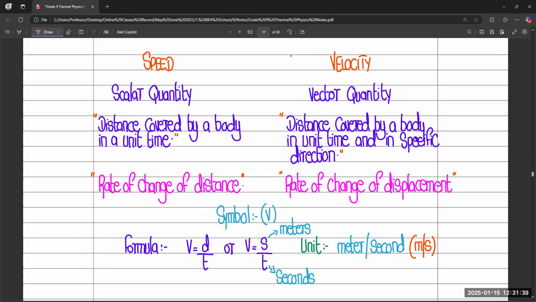So when we are writing about velocity, it is very important to include the direction idea in the definition.